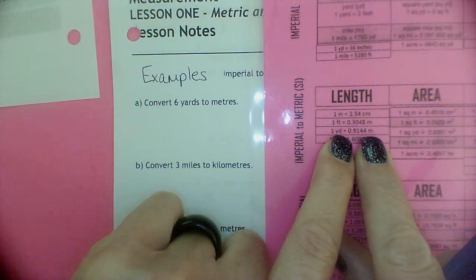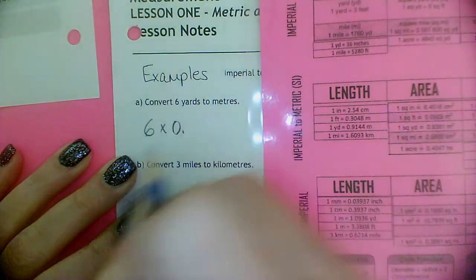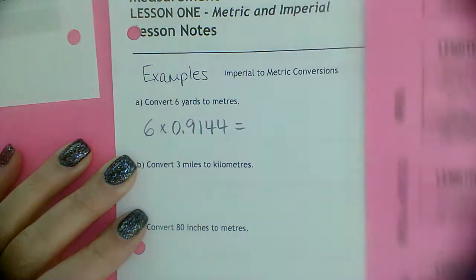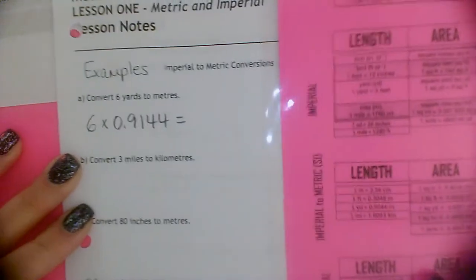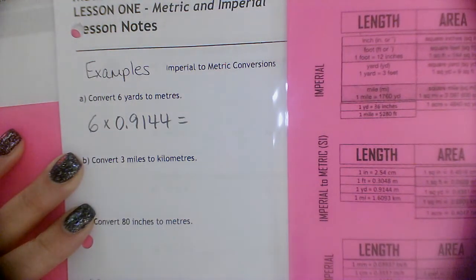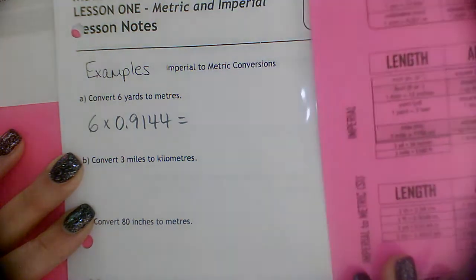Then all I have to do is take 6 and multiply it by 0.9144, and that will get me my meters. Generally, I'm going to go to 2 decimal places.